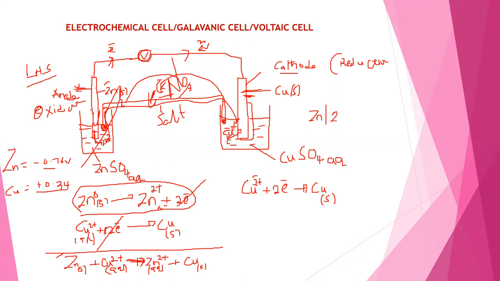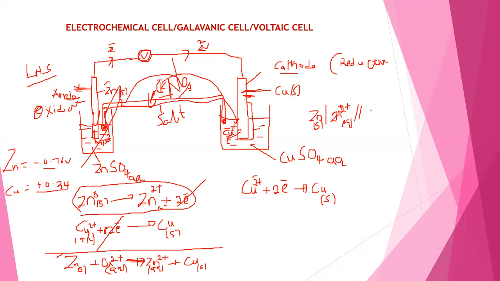So here will be zinc, zinc ion, where this is solid and this is aqueous. Then these two half cells are connected by what is called the salt bridge. So there are two vertical lines which represent the salt bridge.